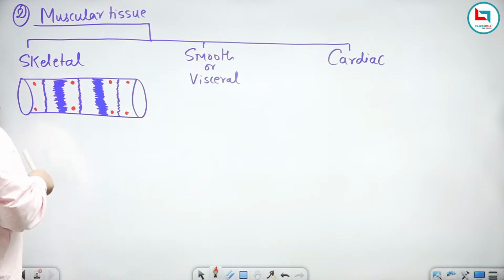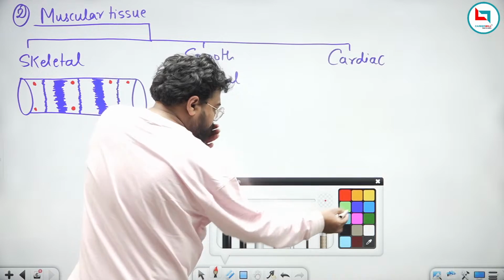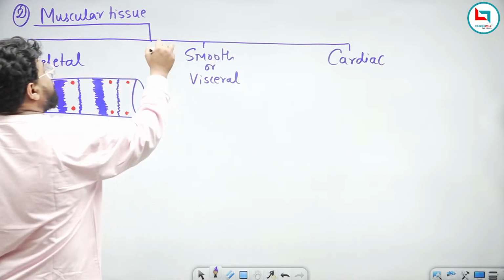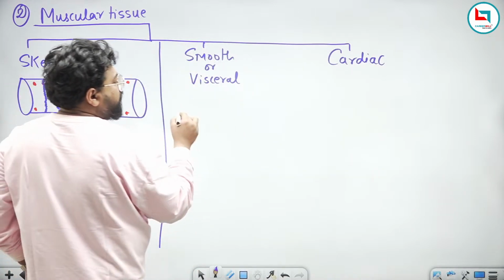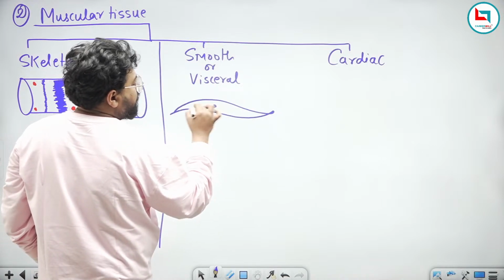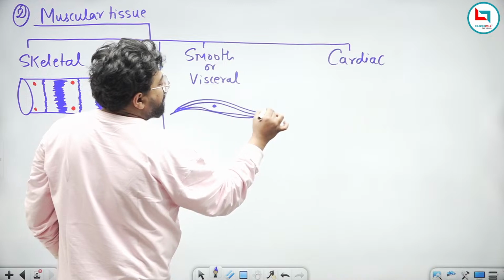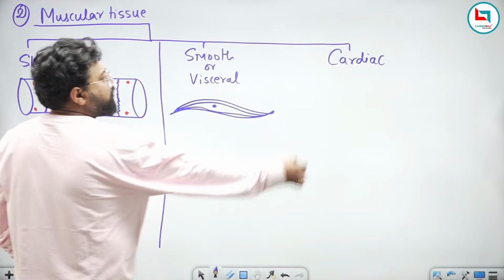So this is our skeletal muscle. If we see the structure of smooth muscle, it looks like this. So this is the structure of smooth muscle.